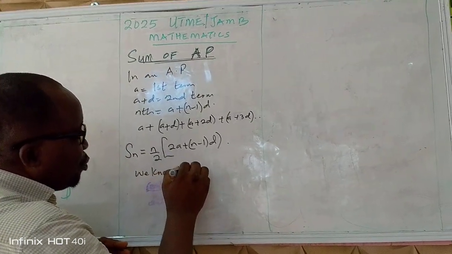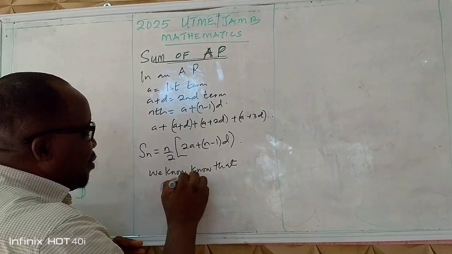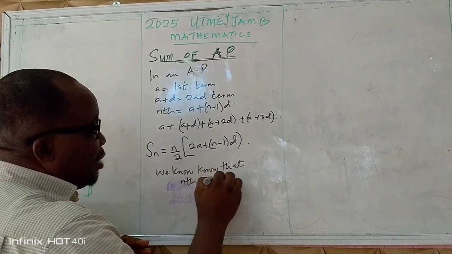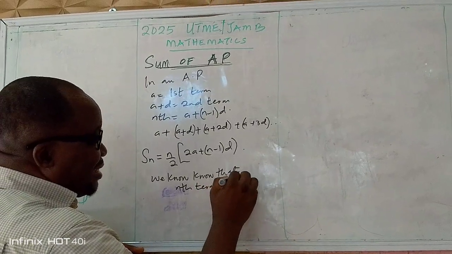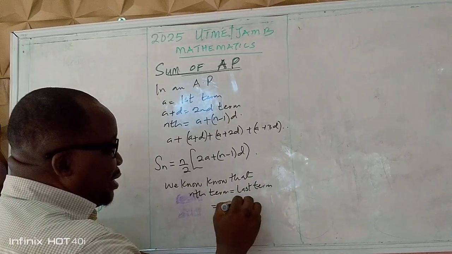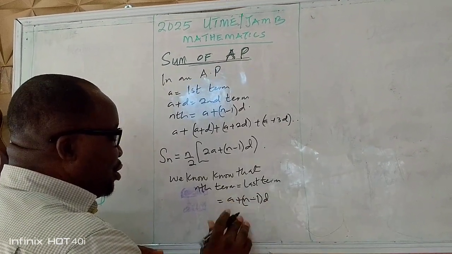So also, we know that the nth term of an AP, which is also known as the last term of an AP, is given as a plus (n minus 1) into d.